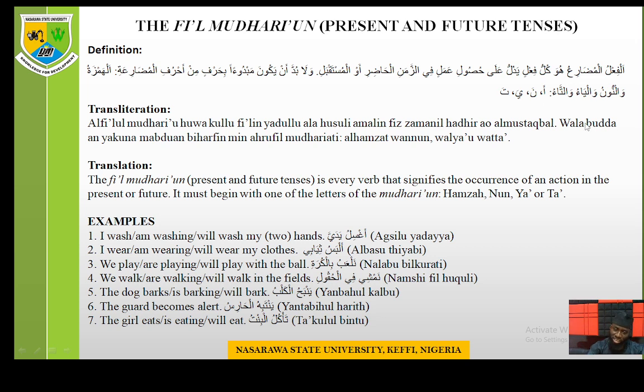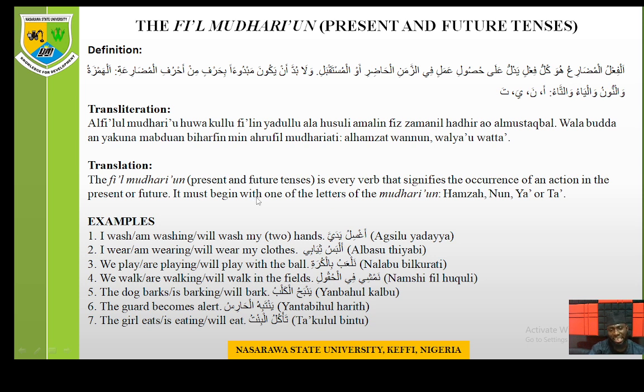But in explanation of this, you can see al-fi'l al-mudari, we say present and future tense. Even in Arabic, it is categorized into two parts. Either you speak about somebody who is doing something in the present, or in the future he is going to do that thing.